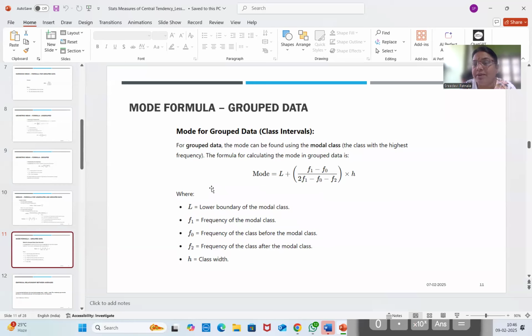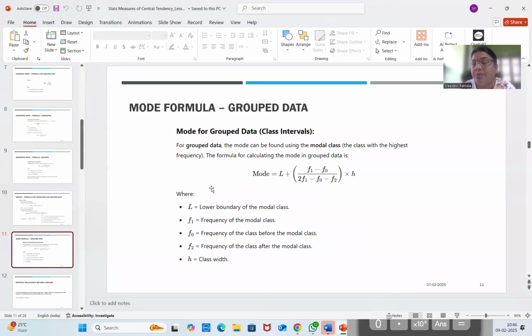Basically, for grouped data you will have class intervals. The lower value of the modal class interval will become your L. So 0 to 10 means 0 will be the lower limit of the modal class. Similarly, if it is 10 to 15, then 10 will be it. Then F1 is the frequency of the modal class. F0 is the frequency of the class before the modal class. F2 is the frequency of the class after the modal class.